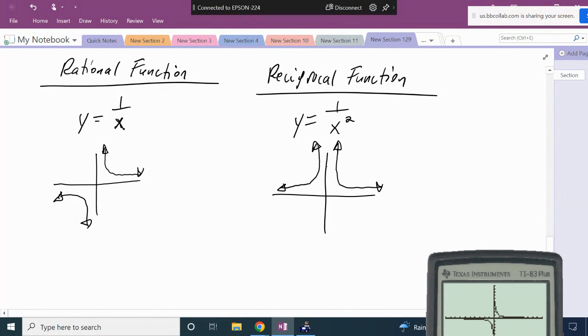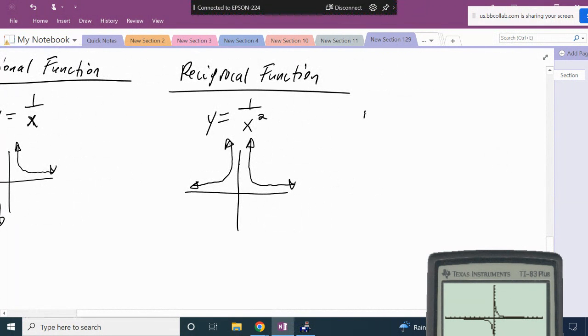So notice here again, these two functions are discontinuous functions.